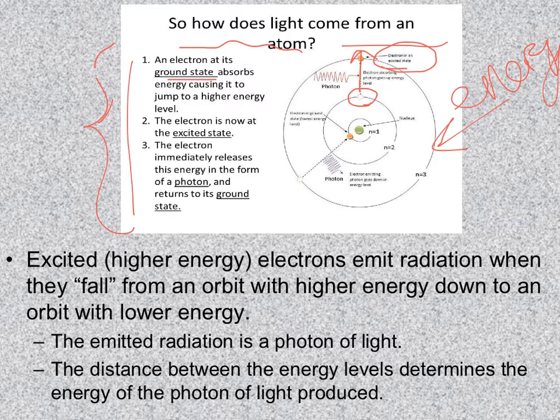So pretty quickly, that excited electron is going to drop back down to its lower ground state energy level, but the extra energy it possessed will be released in the form of light. Now, we call particles of light photons. So here's a pictorial, and here are the steps that describe that, which you should make sure you're familiar with.